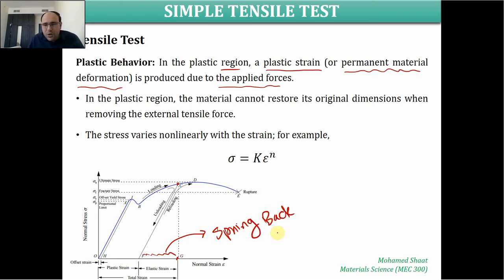To understand the concept of spring back, let us consider the simple example of a stick that is made of metal. Assume that I give you a rod or a stick that is made of metal, a very thin stick. Then I ask you to bend it, but try to bend it with a very slight force in the beginning. If you apply a very small force over this stick, it will be bent, yes, but not that much.